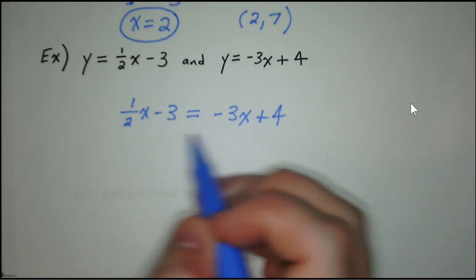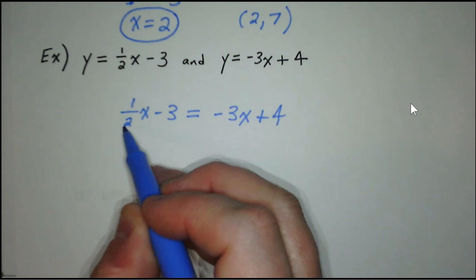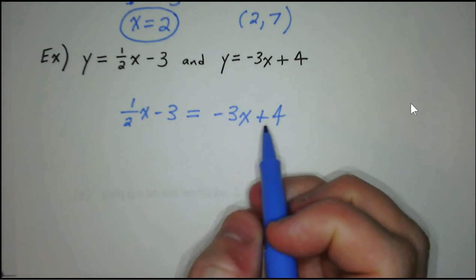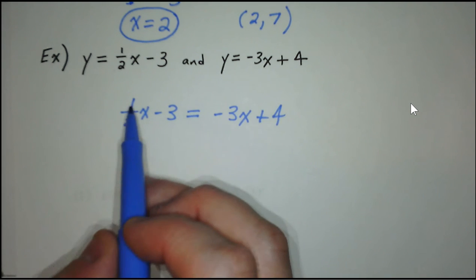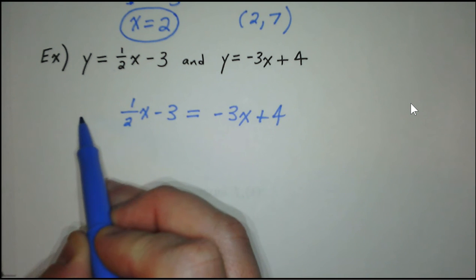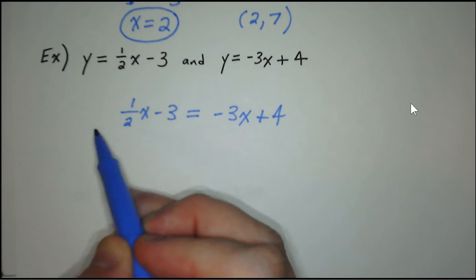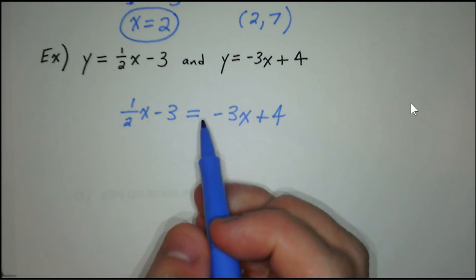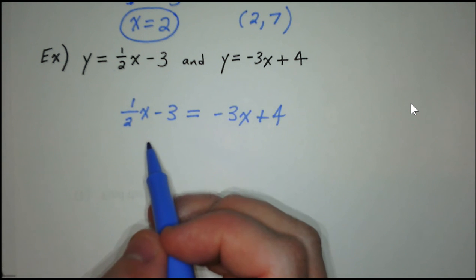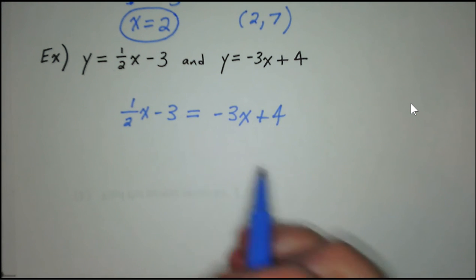You could literally multiply everything by 2, and that way you wouldn't have any more fractions.